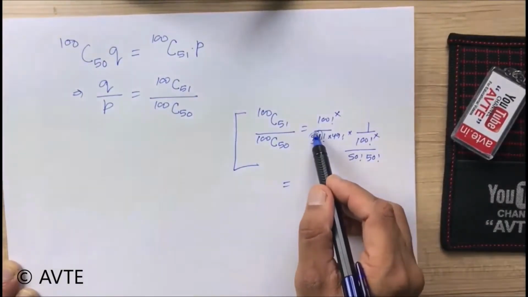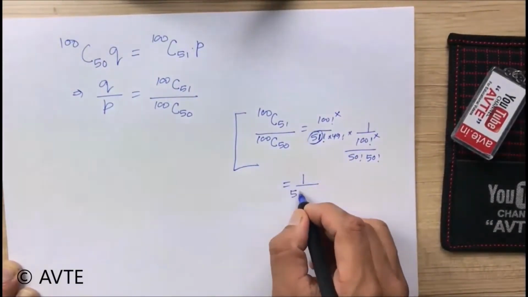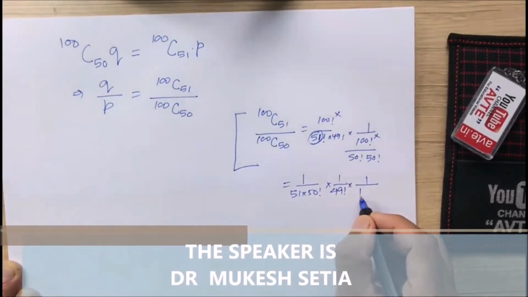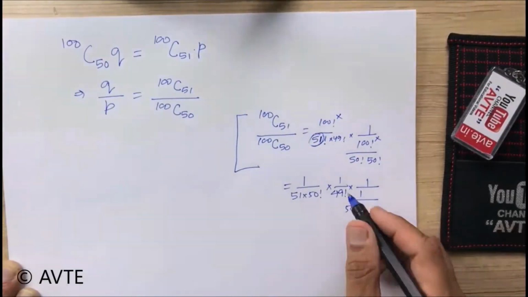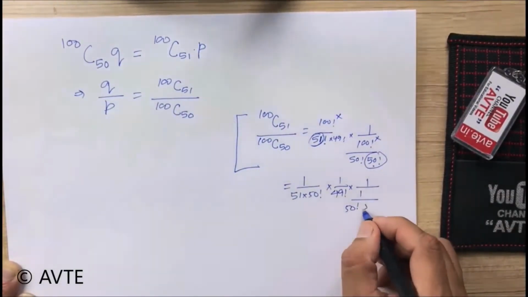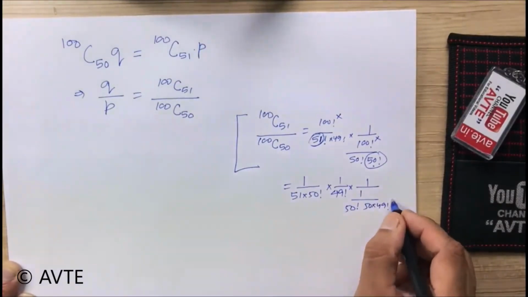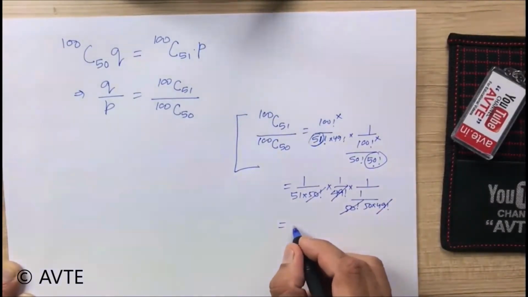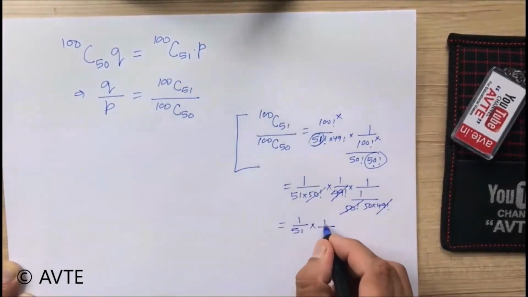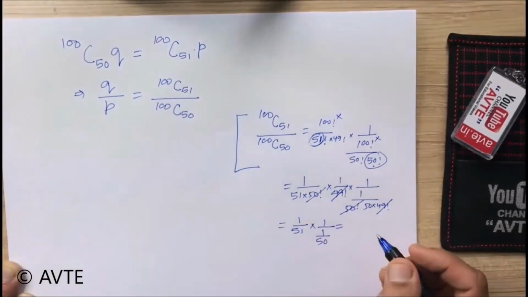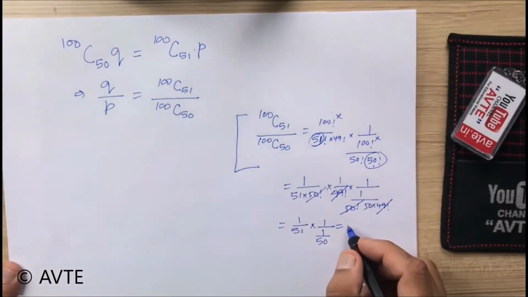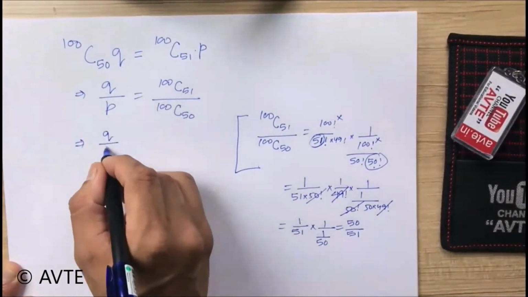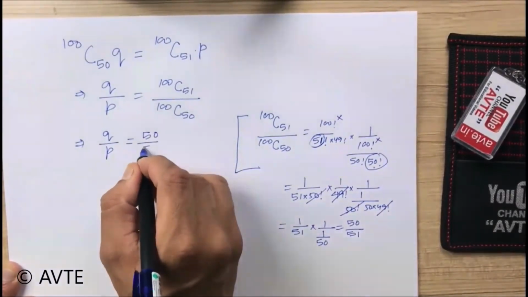Now this 51 factorial can be written as 51 into 50 factorial. This 49 factorial remains the same, and this denominator's 50 factorial remains the same, whereas the other 50 factorial becomes 50 into 49 factorial. So you can see that many terms are cancelled, and we are left with 1 upon 51 into 1 upon 1 upon 50, which in terms will be 50 by 51. So putting this value here, we have 50 over 51.